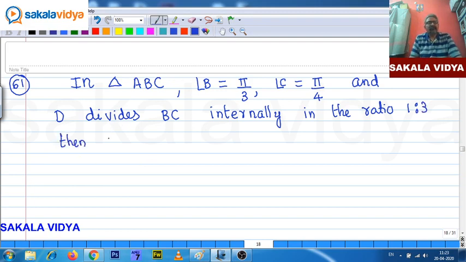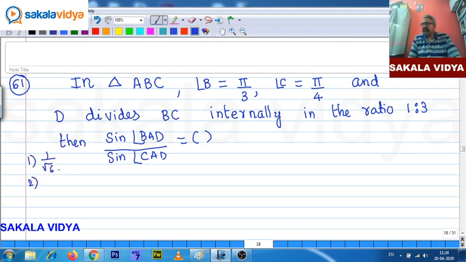Then sine of angle BAD by sine of angle CAD equals: first option 1 by root 6, second option 1 by 3, third option 1 by root 3, fourth option root 2 by 3.